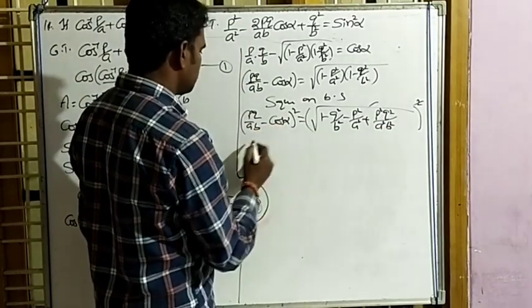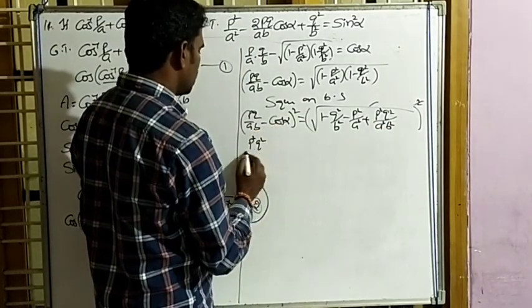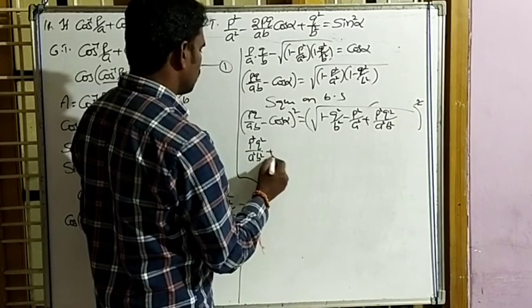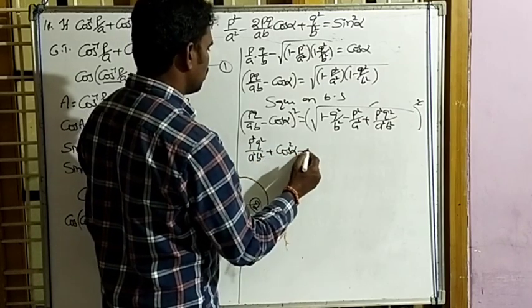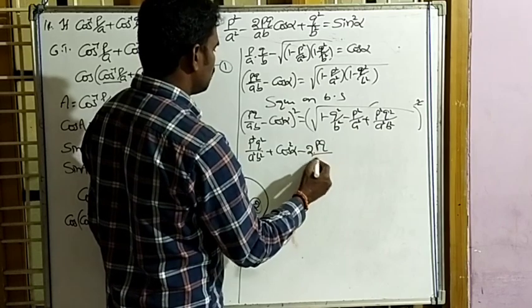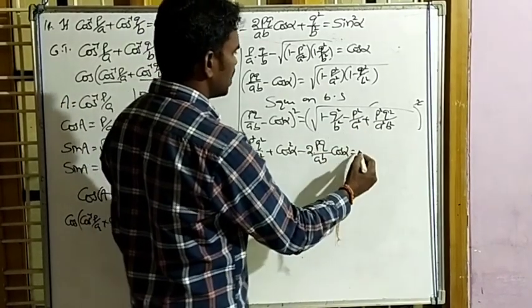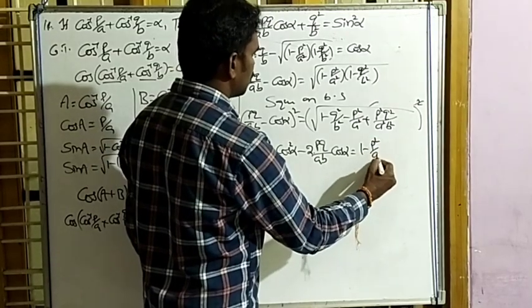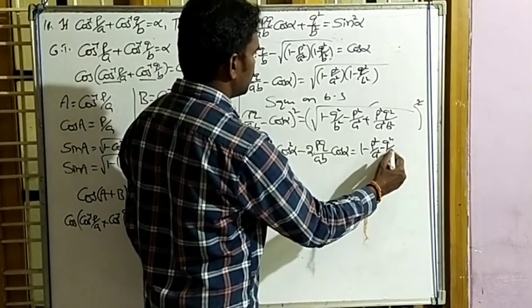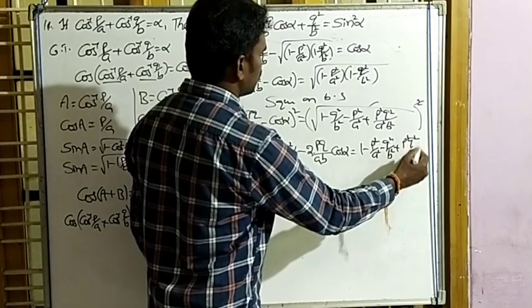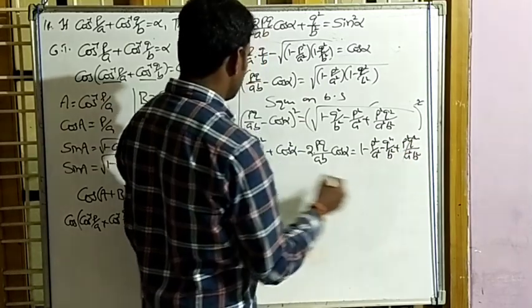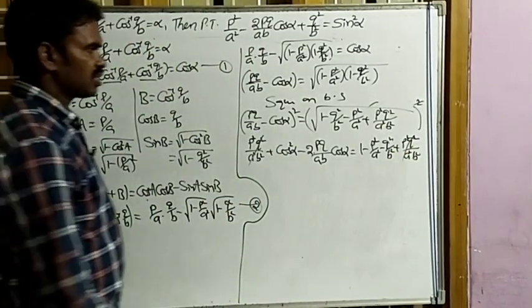Now apply the (a minus b) whole square formula: p square q square by a square b square plus cos square alpha minus 2pq by ab cos alpha, and here the remaining is 1 minus p square by a square minus q square by b square plus p square q square by a square b square. Both terms are the same, so they cancel.